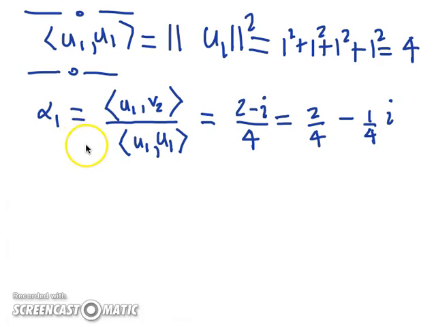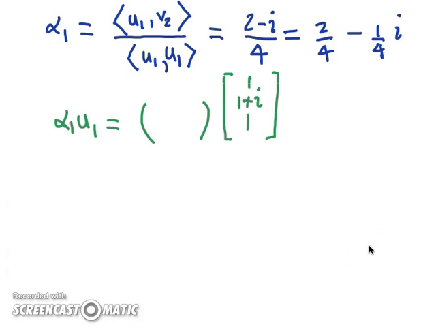Very importantly, that coefficient is going to be multiplying one of the vectors. So the operation we're interested in is the calculation of alpha 1 times u1, right? Here is the vector u1, and this is alpha 1. Alpha 1 is 1/2 minus 1/4 times i, and this scalar is multiplying this vector.